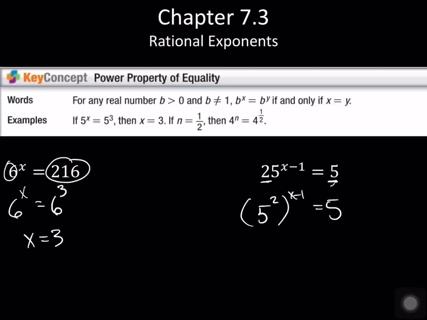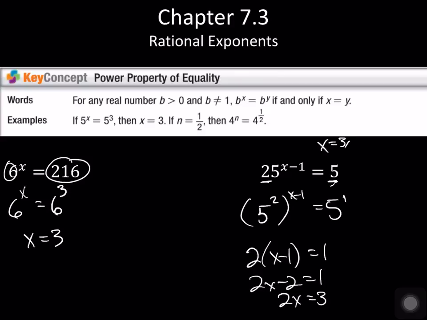So bases are the same. There's a 1 right there that I don't see, but I know it's there. So 2 times x minus 1 has to equal 1, and then we would solve this. 2x minus 2 equals 1, 2x equals 3. And so for this problem, x equals 3/2 would be my answer.